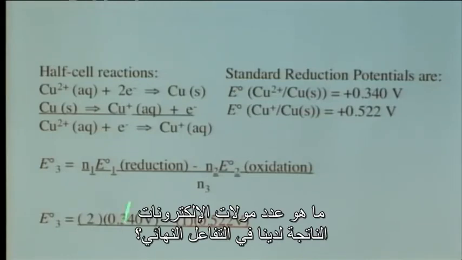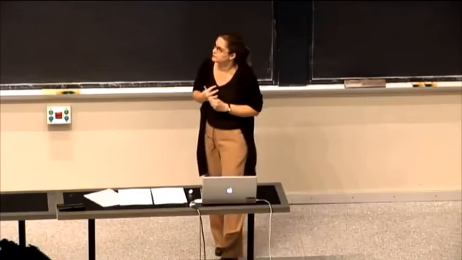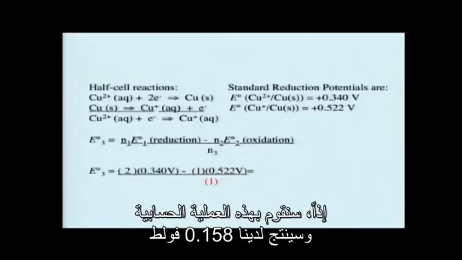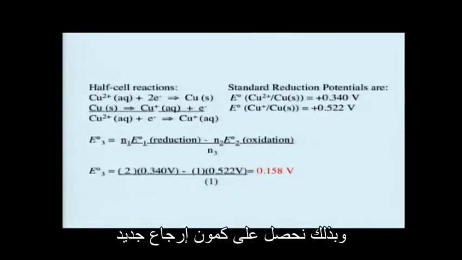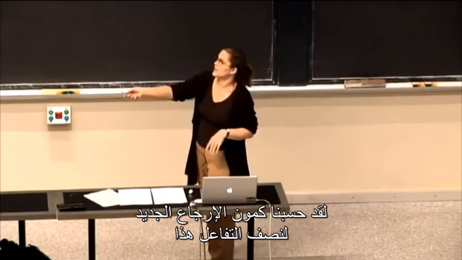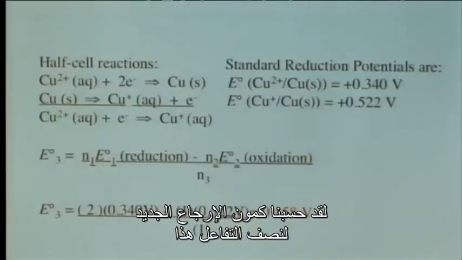And what are the number of moles of electrons for our desired final reaction? 1. And so then we can do the math and come up with an answer of 0.158 volts. And so now we've just come up with a new reduction potential. We've calculated a new reduction potential for this half-cell reaction right here.